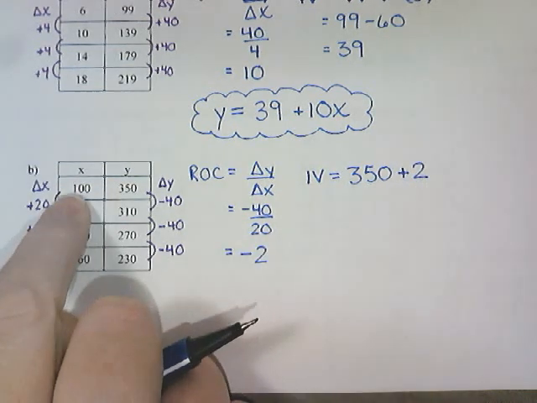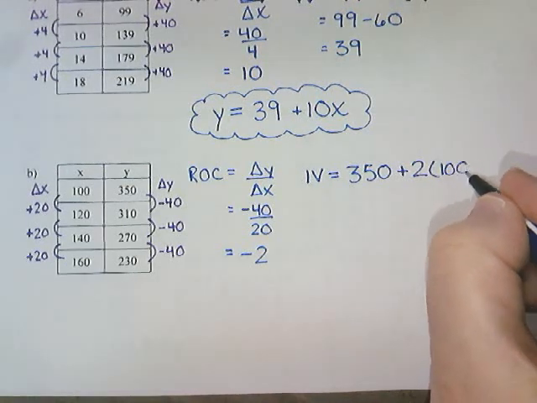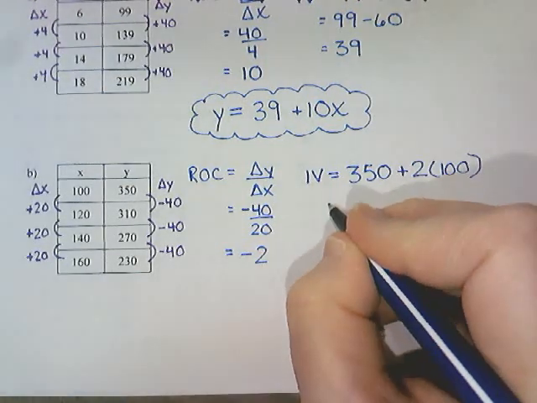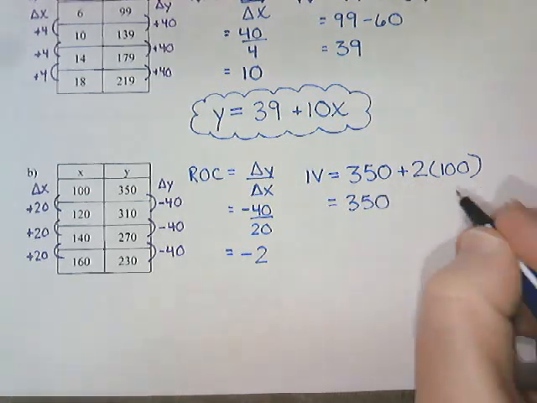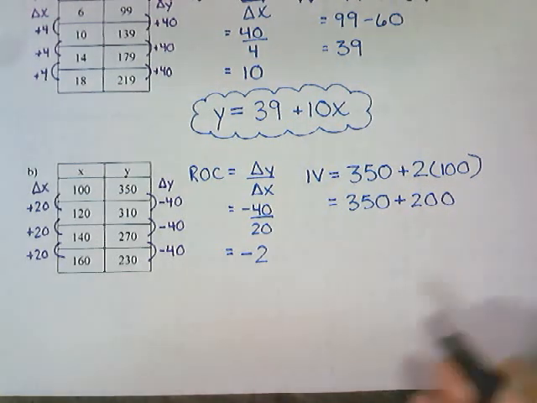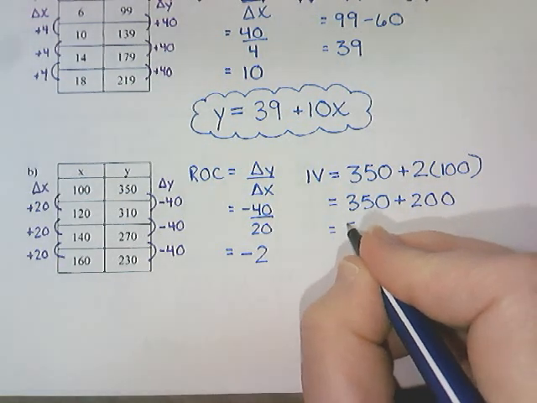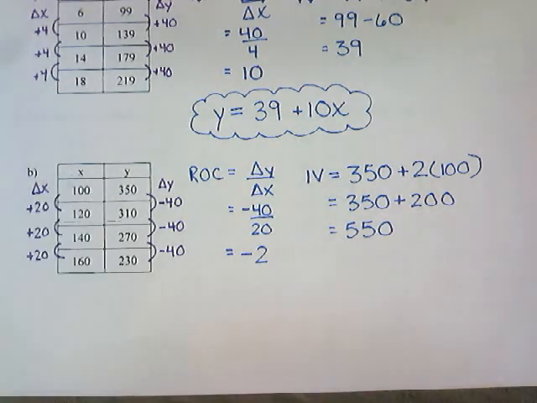And we're going to do it 100 times to get back to 0. All right, I'm going to use my order of operations and multiply before we add. 2 times 100 is 200. And then 350 plus 200 is 550. So the term 0, or my initial value, is 550.